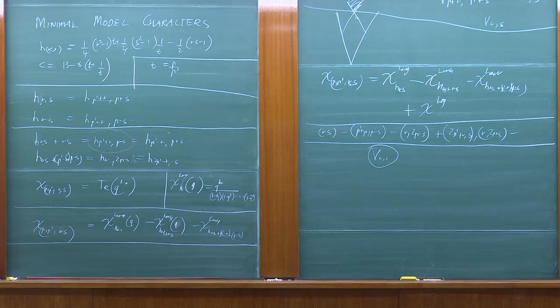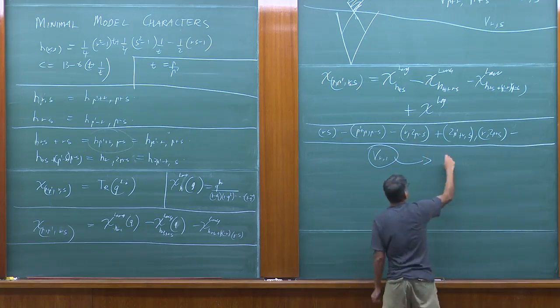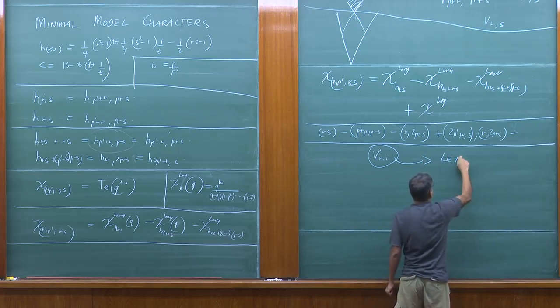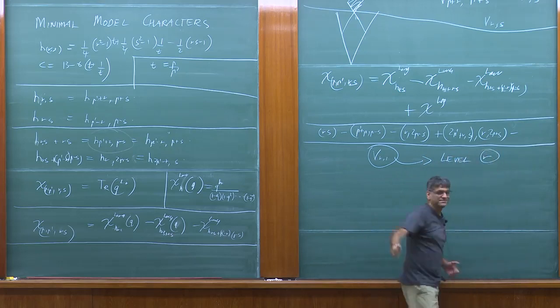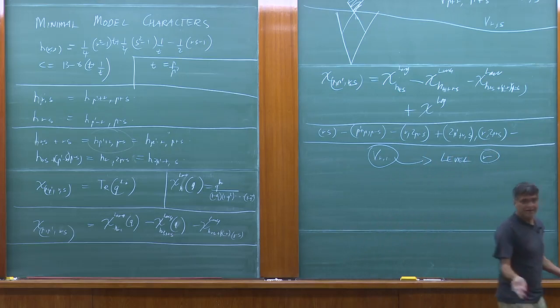I'm now going to outline a sort of crazy sounding construction of the null state, so you'll have to bear with me. We know that this has a null state at level R, because it has a null state at level R times S, where S is equal to 1. So we have a null state at level R.